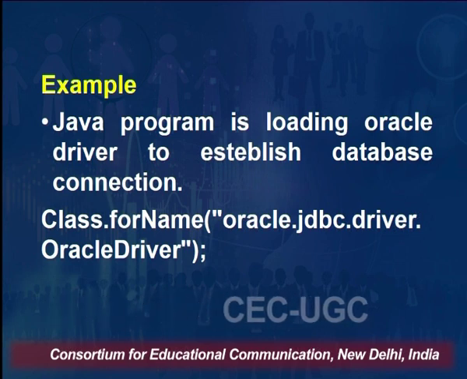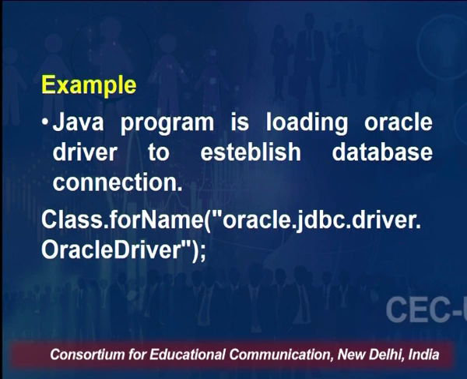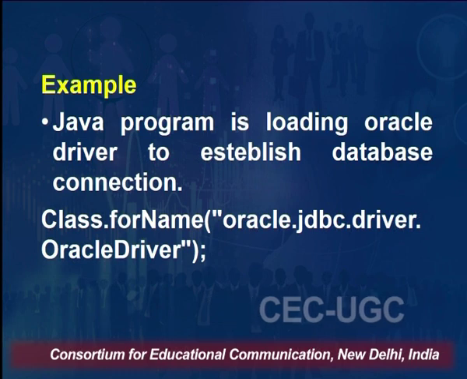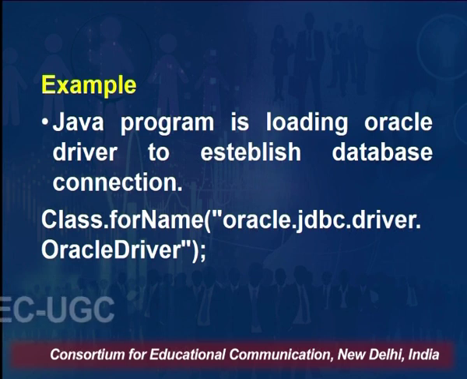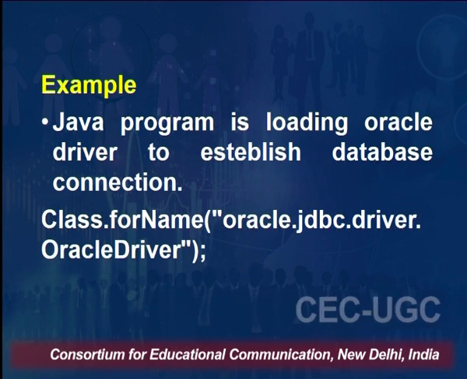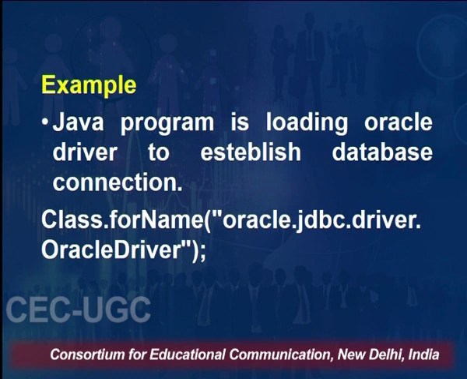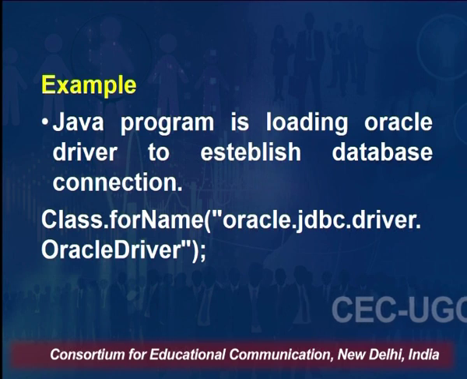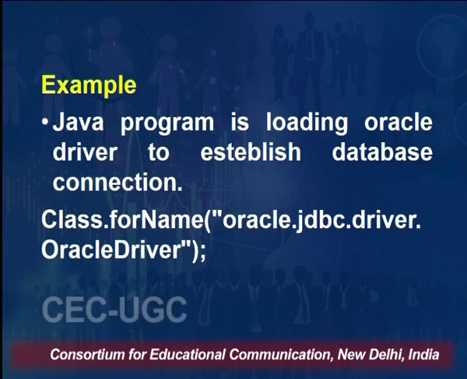We have a Java program which is loading, let us say, an Oracle driver in order to establish the database connection. As the method is a public and also a static method, we can directly call this forName method using the name of the class, which is Class itself with the capital C. So, Class.forName and the string, that means the class name which we are going to pass here is oracle.jdbc.driver.OracleDriver.